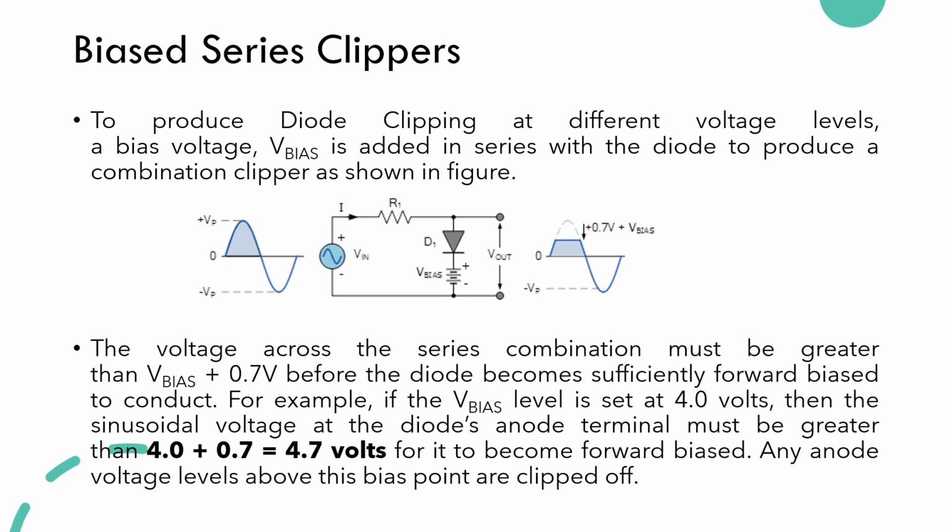There is a battery named V bias added in series with the diode to produce a combination clipper, as shown in the figure.